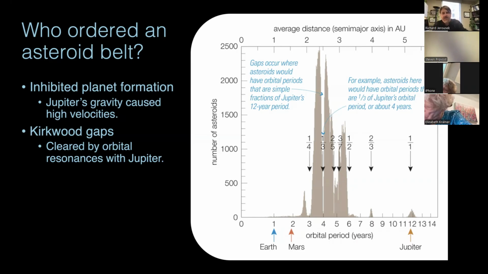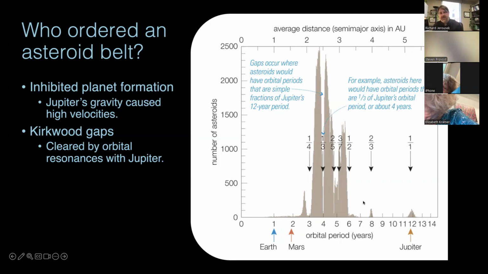Asteroids are trapped in particular positions because of their resonance with Jupiter. So, for example, right here we see what's called the Hildas. They orbit 3 times for every 2 times Jupiter goes around.